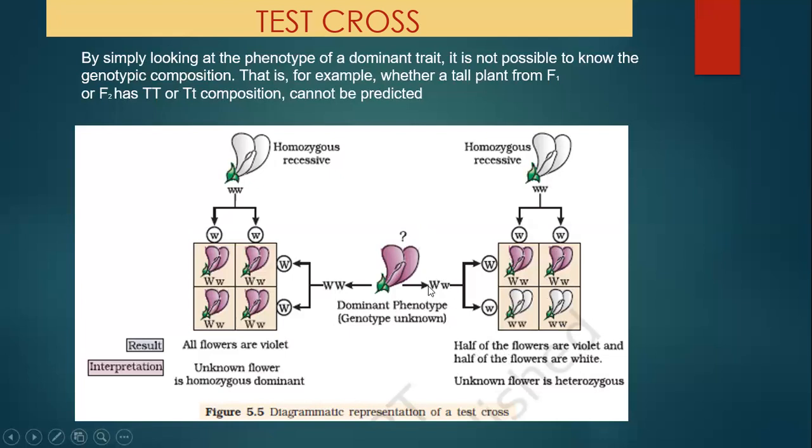That means it is heterozygous for the trait. Okay, so this is a test cross, which will help you to identify the genotype of a dominant phenotype by doing a cross with the homozygous recessive parent. So this is a test cross.